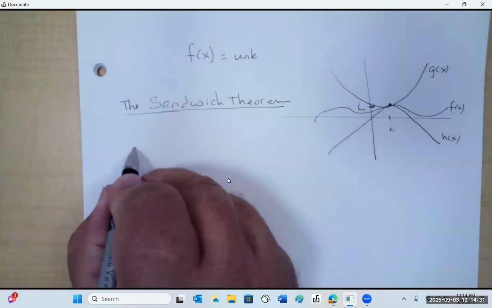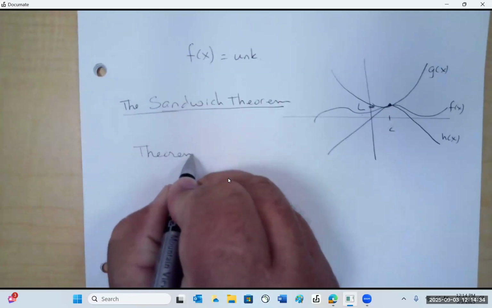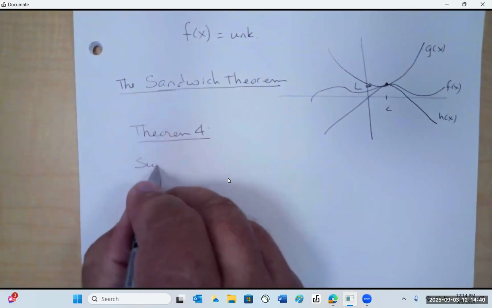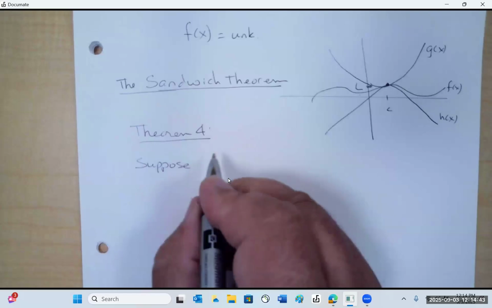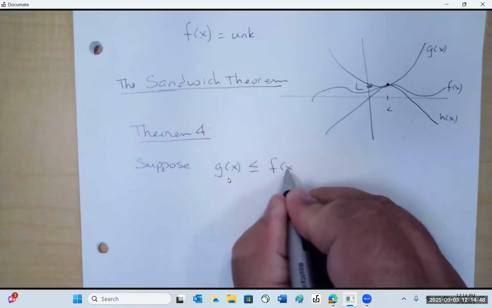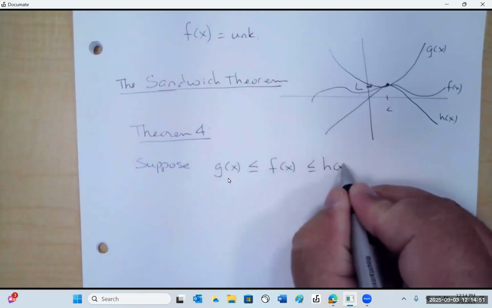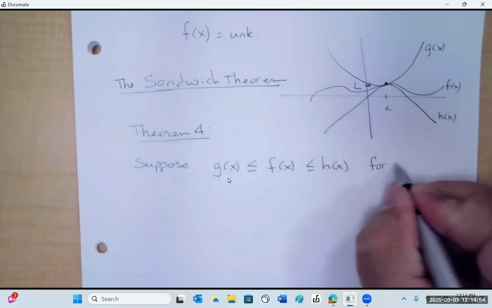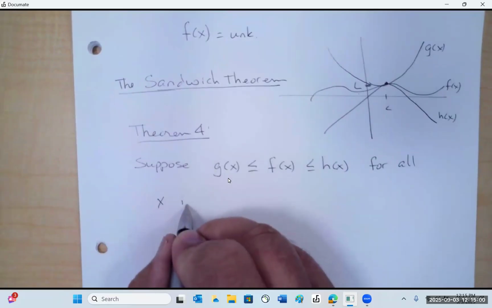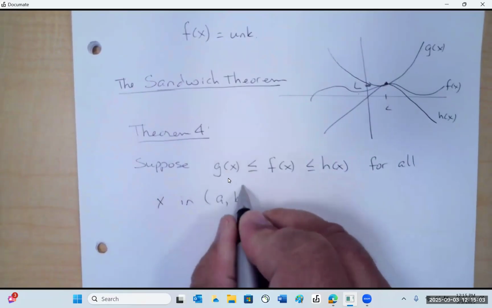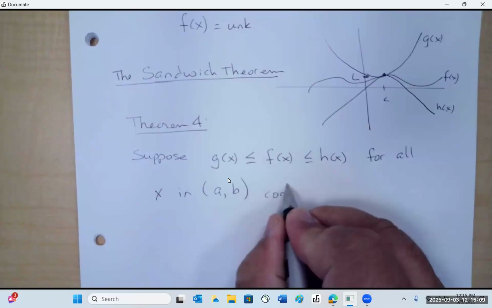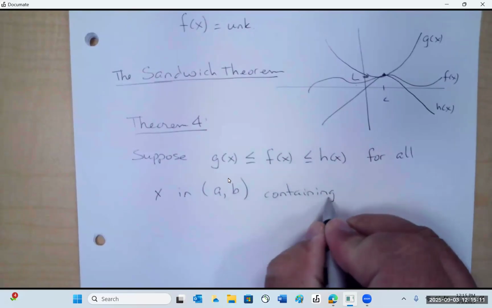And here's the theorem. Suppose g of x is less than or equal to f of x, which is less than or equal to h of x, for all x in some open interval containing c.